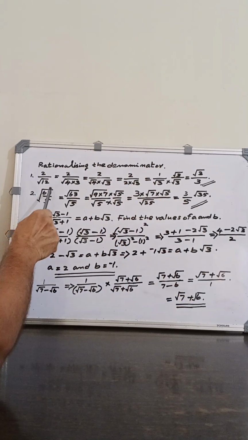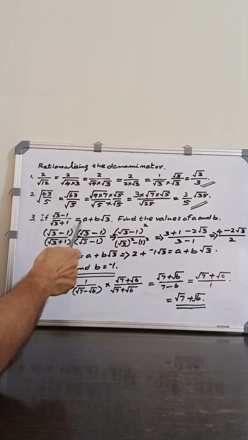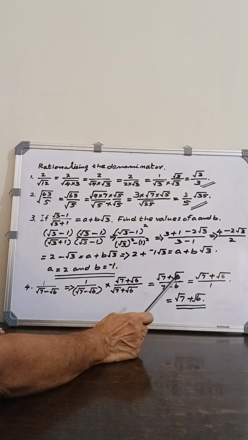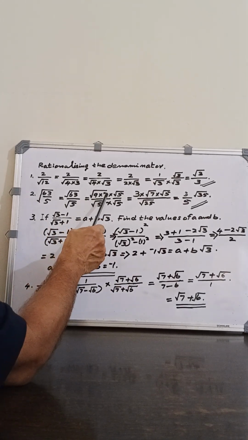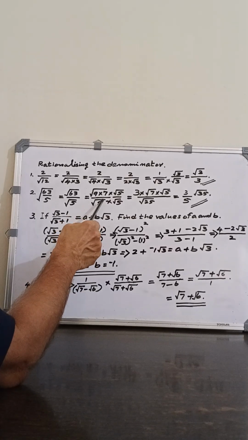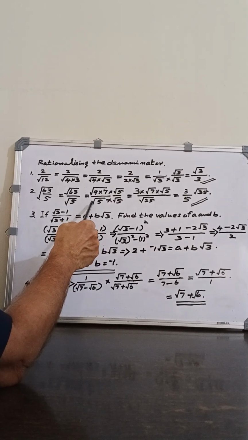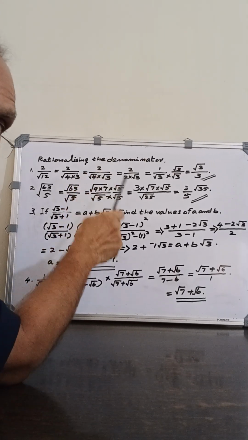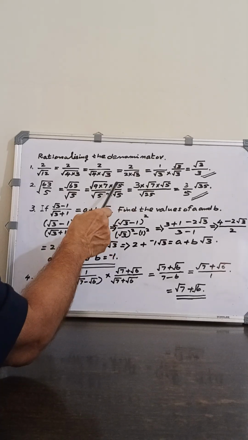Second question, 63 by 5 the whole root. That is root 63 by root 5. Root 63 can be split into root of 9 into 7, by root 5. The denominator consists of root 5, the irrational. For that we multiply by root 5 in the denominator and also in the numerator.